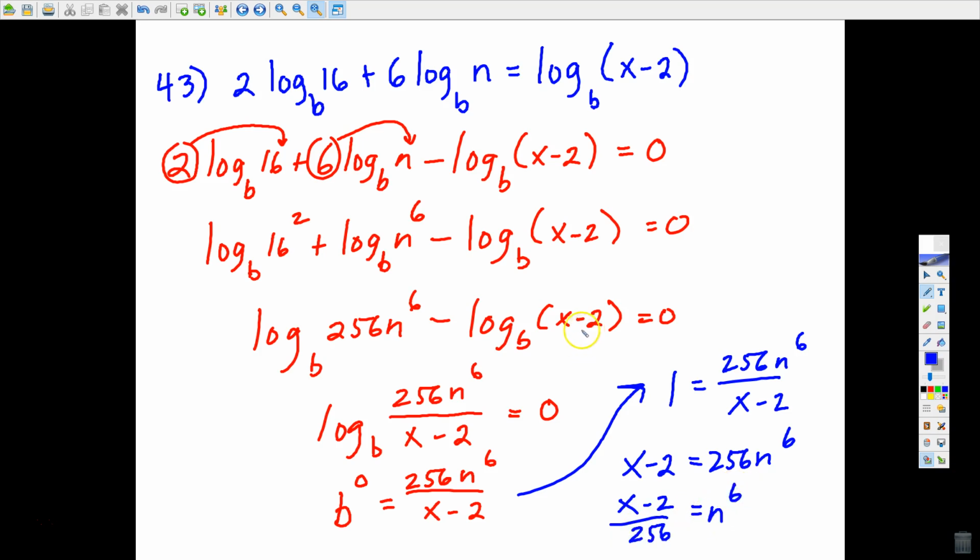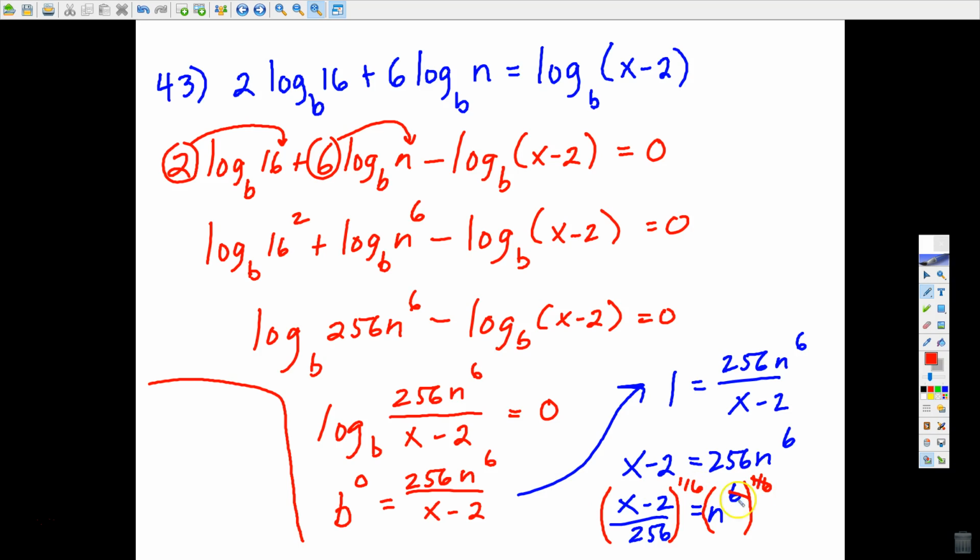And then finally, to solve for n I need to do the sixth root. You can just do this by raising both sides to the inverse or the reciprocal of 6. So let's raise it to the 1/6 power on both sides. And that ends up actually being your answer. I'll just write the answer again over here.